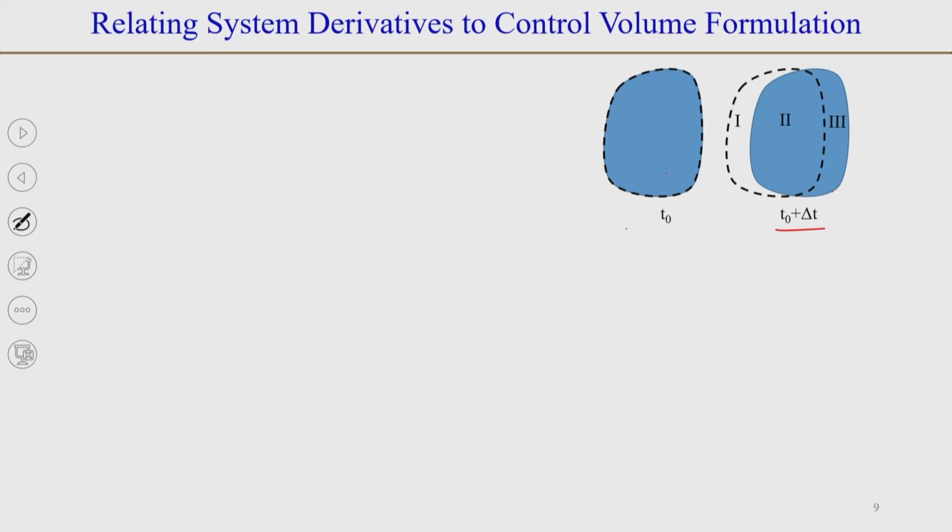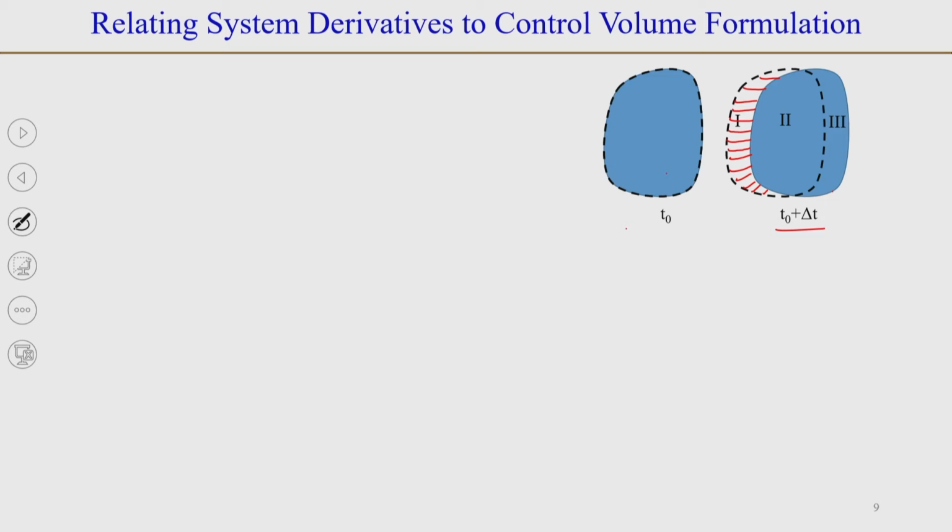In this figure, we identify 3 regions. So, let us look at this. Region 1 is part of the control volume, but the system has moved through it, and we have hatched it with horizontal lines.